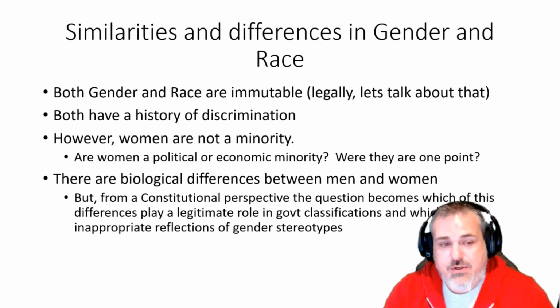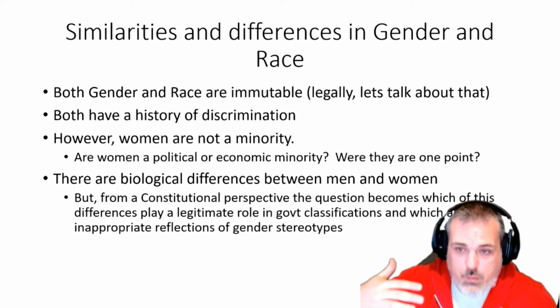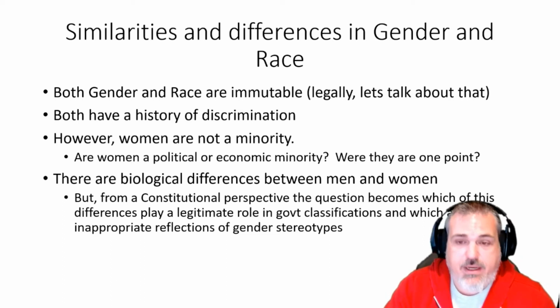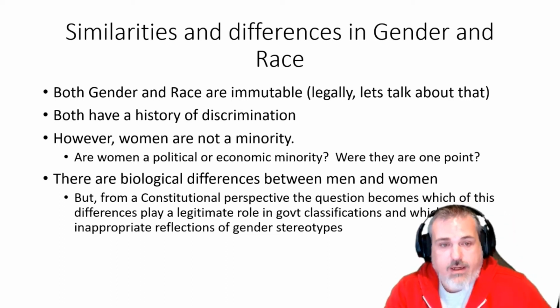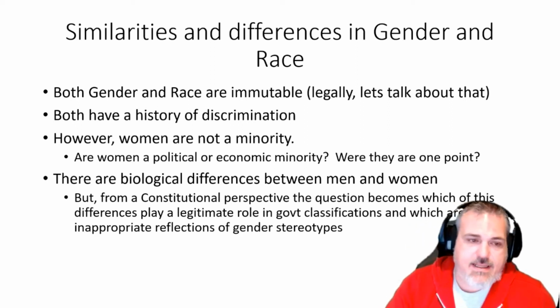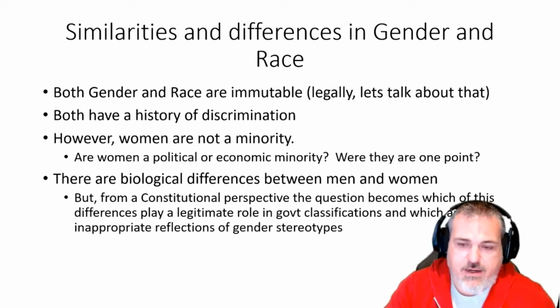And the answer is, we don't know, at least legally, because the history of our case law, the history of our precedent, has taken gender to be an immutable characteristic.